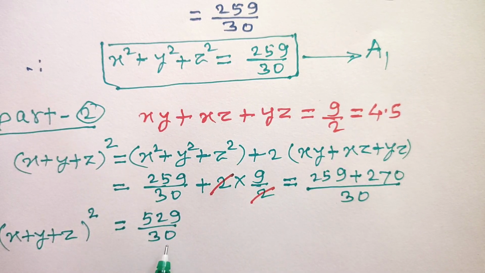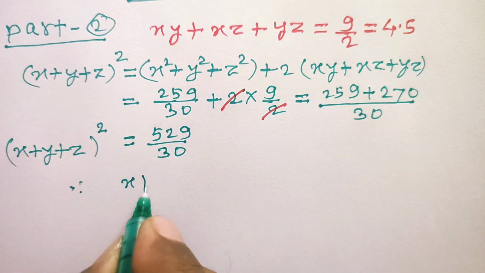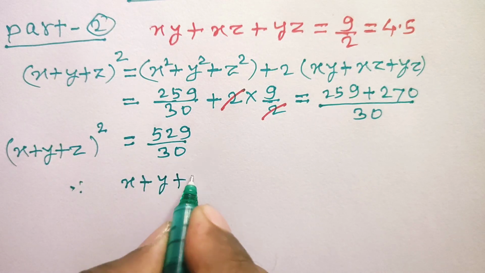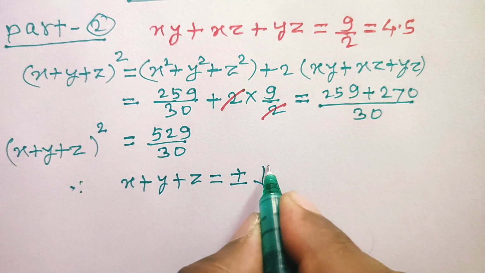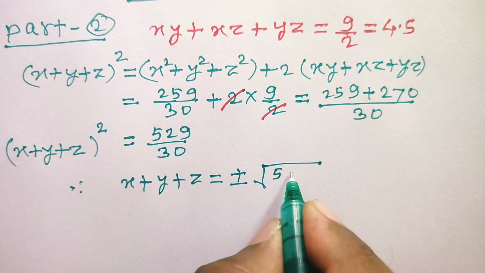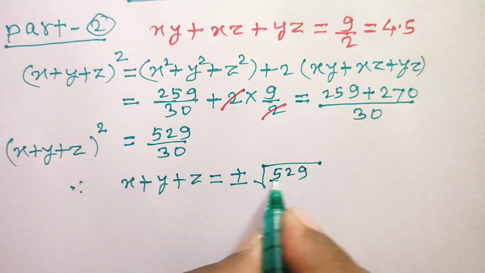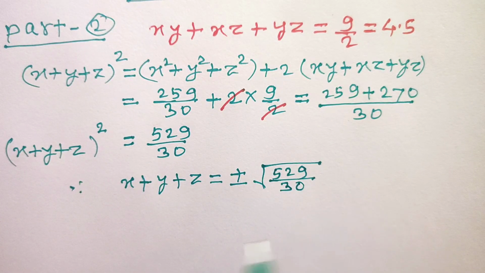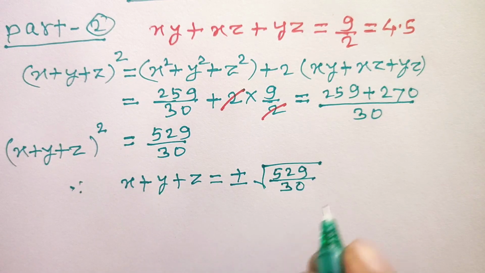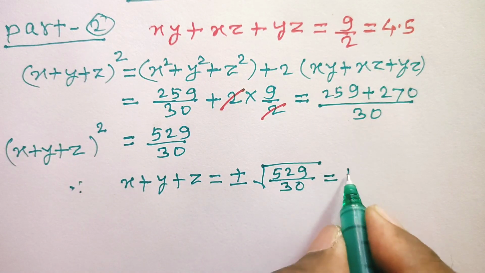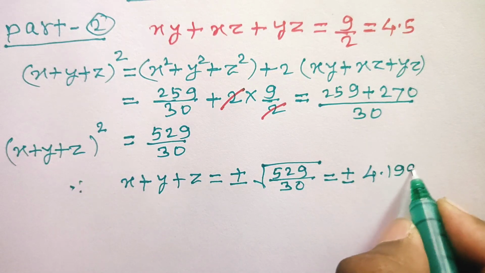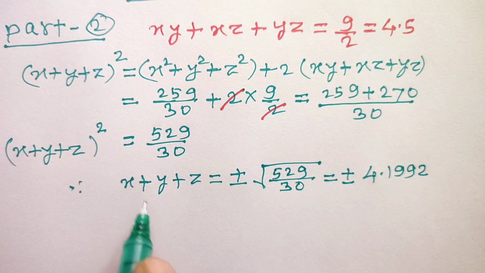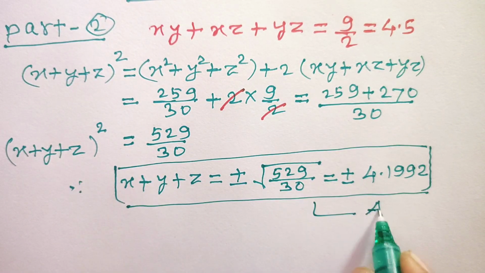Taking square roots on both sides, x plus y plus z is equal to plus or minus square root of 529 divided by 30. Using calculator, we can write plus or minus 4.1992, and consider this is answer number A2.